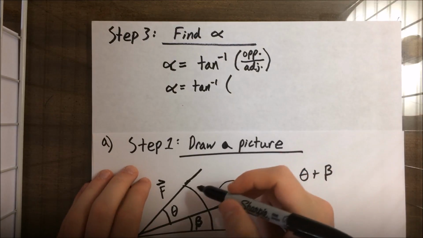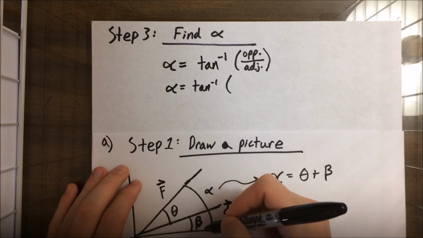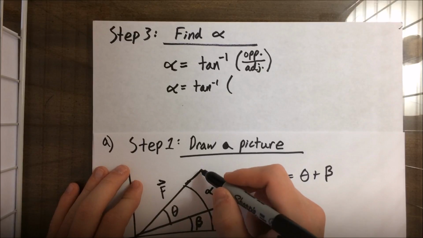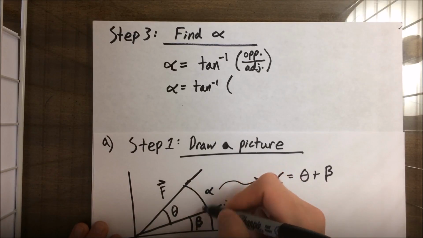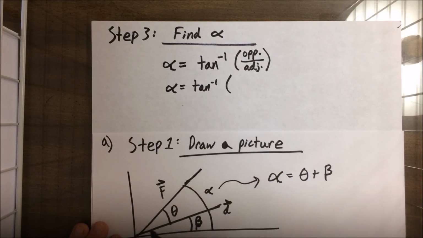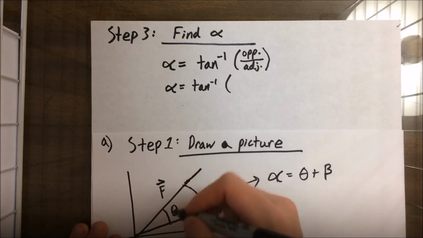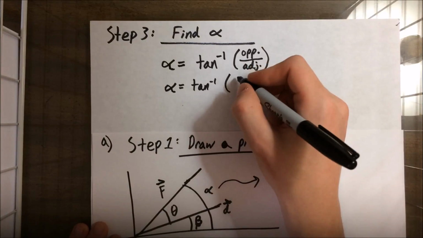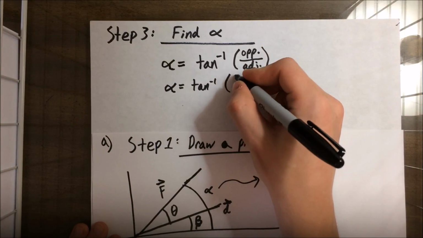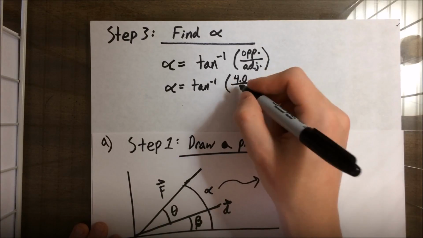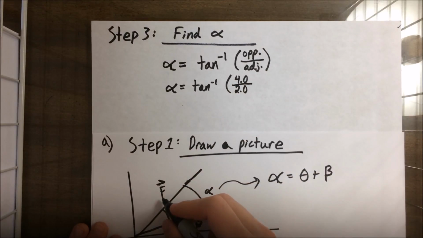And so if this is the angle right here, we want the opposite, which is the y direction, over the adjacent, which is the x direction, and then the vector f is the hypotenuse. So we have 4.0, the y direction for f, over 2.0, the x direction for f.